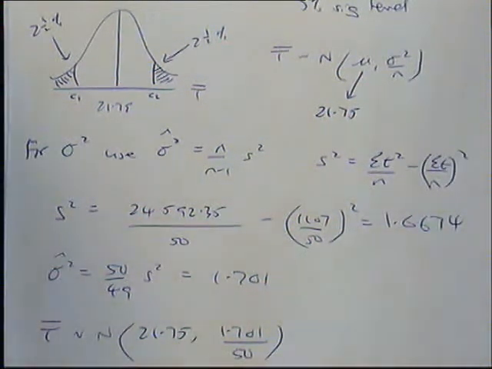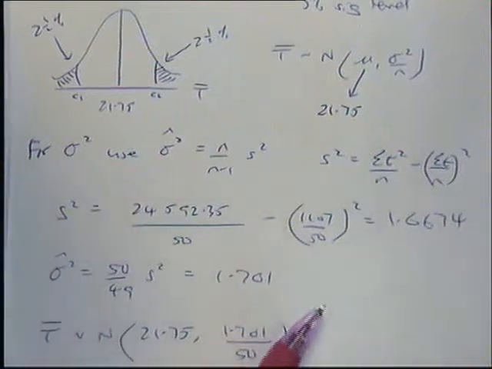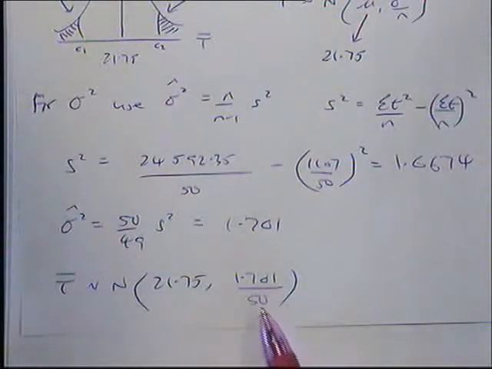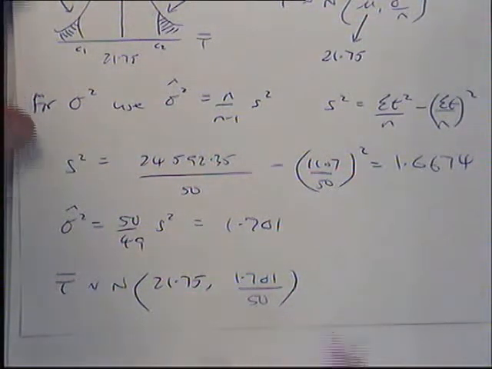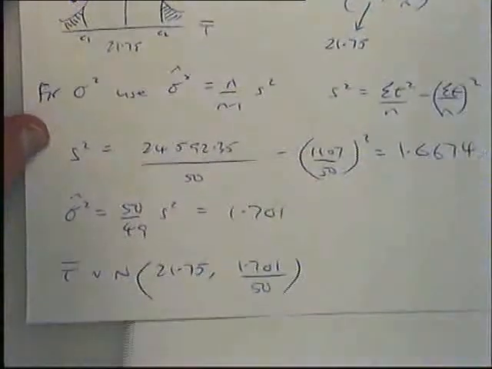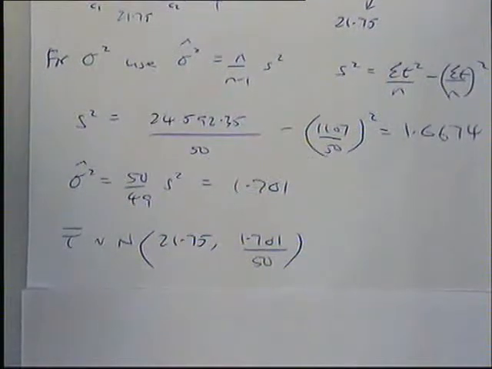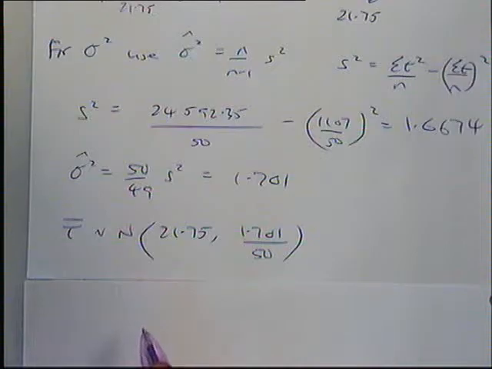So that's the distribution of T bar. It is a common mistake that because people have already used the n and the n minus 1 here, some people forget to use the n down here, but it still has got to be there. Well, I say some people forget to do that, I think I'm probably talking about me. Okay, so we've got a distribution of T bar.